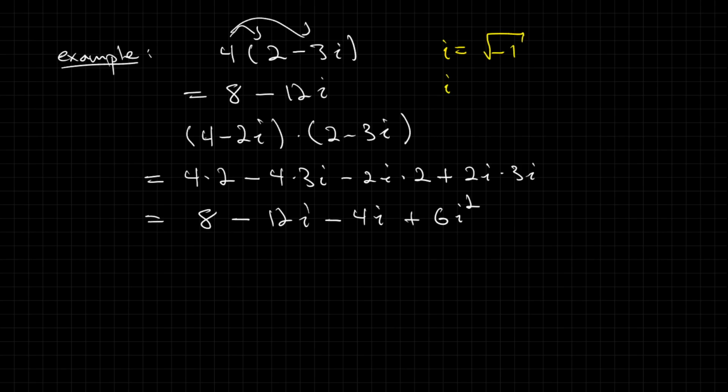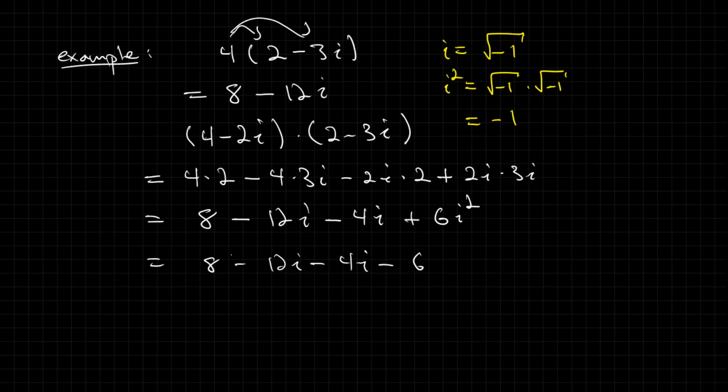So then that means that i squared would have to be the square root of negative 1 times the square root of negative 1. And when you multiply the square root of the same number together, you get negative 1. So i squared is negative 1, so this will be 8 minus 12i minus 4i minus 6.